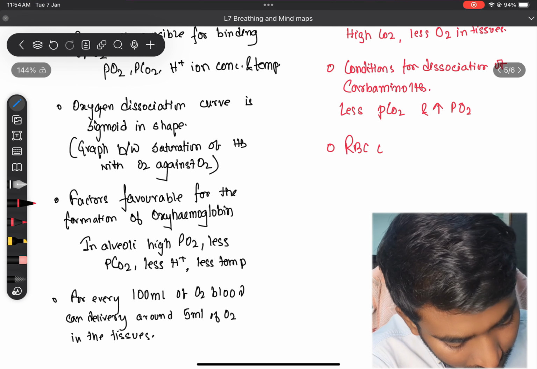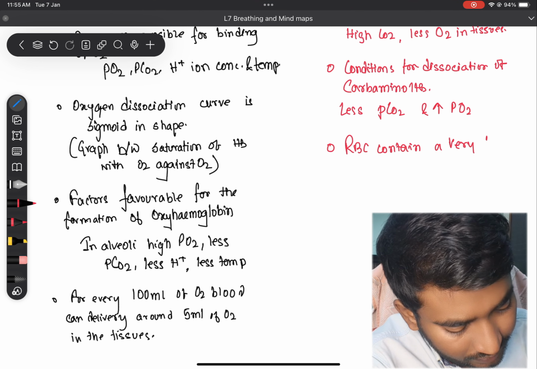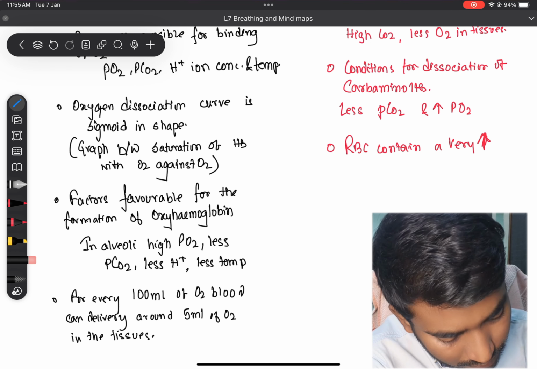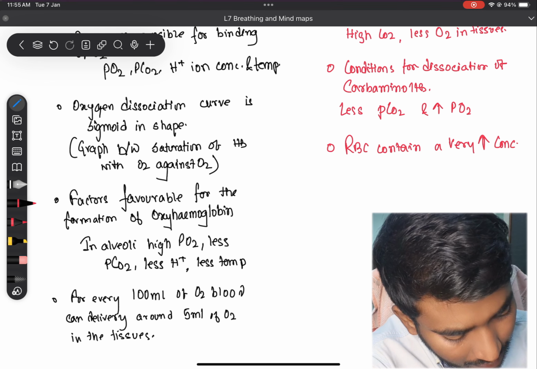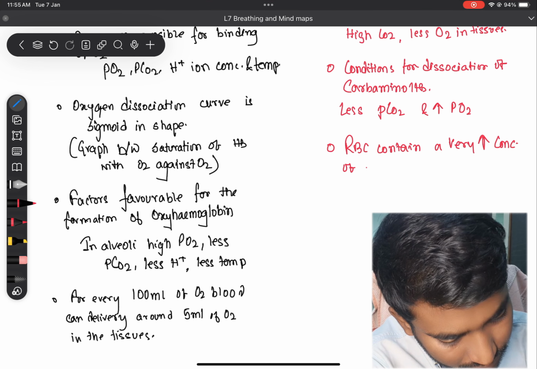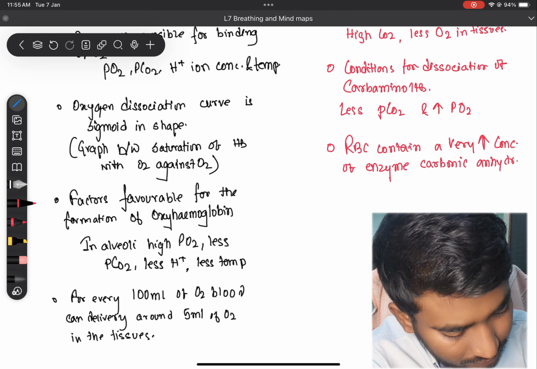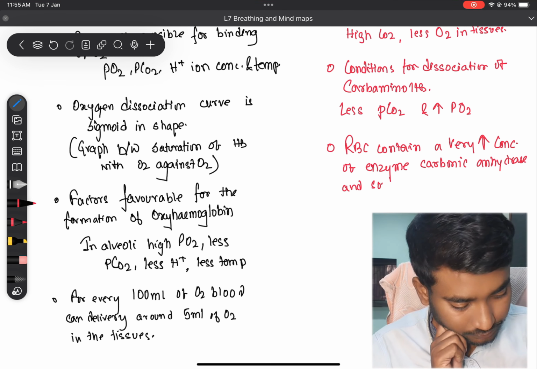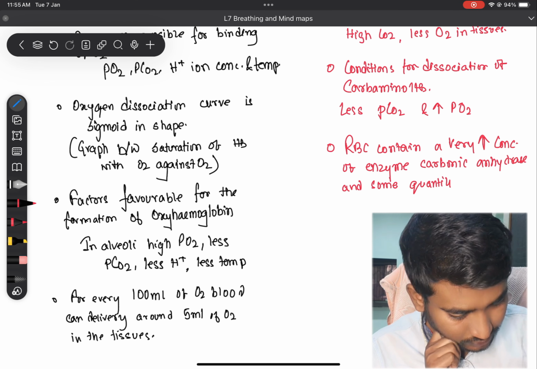Now RBC contains a very high concentration of the enzyme carbonic anhydrase, and some quantity in plasma too.